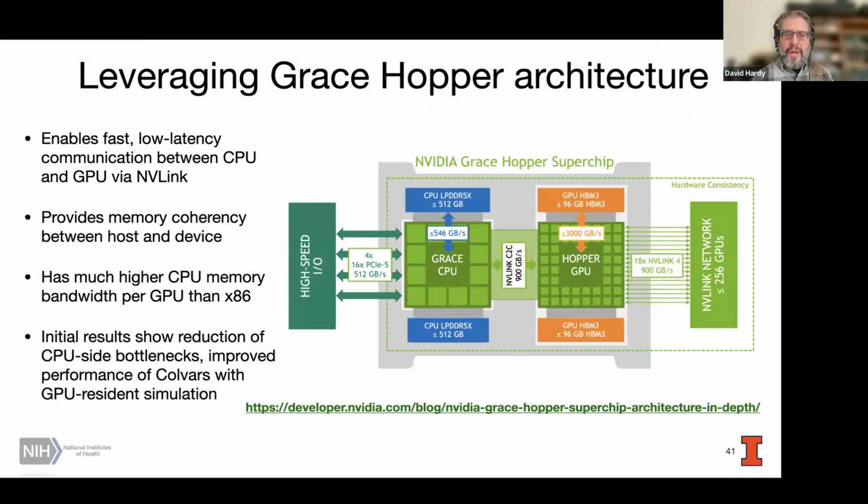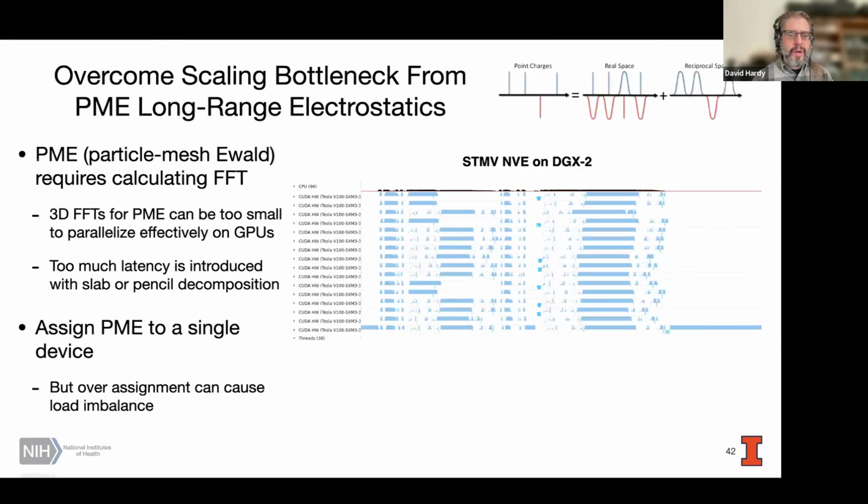Let's see. I'm going to skip over the Grace Hopper architecture slide right now. And instead, I want to talk about the idea that particle mesh Ewald, the calculation for long-range electrostatics, actually introduces a scaling bottleneck for multi-GPU scaling.